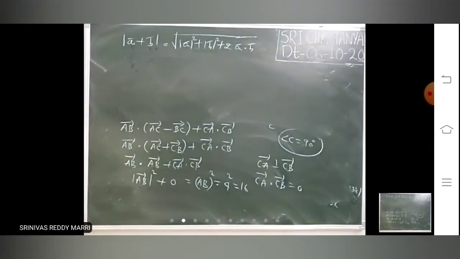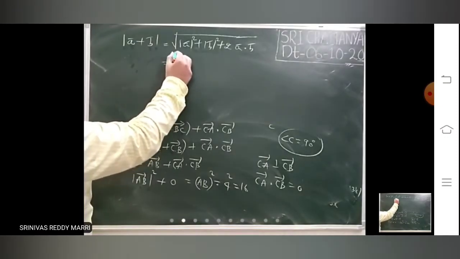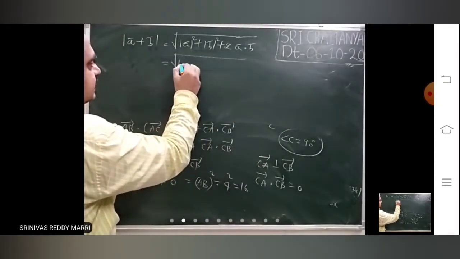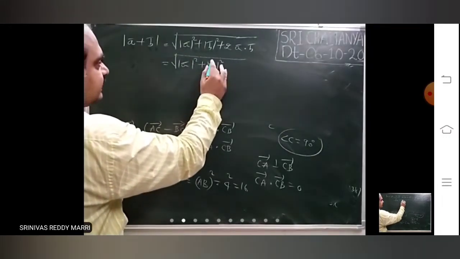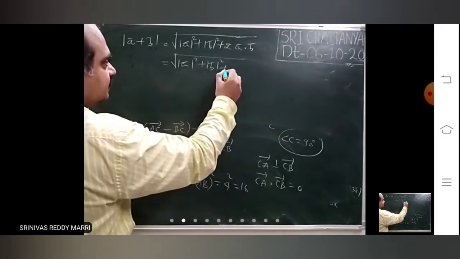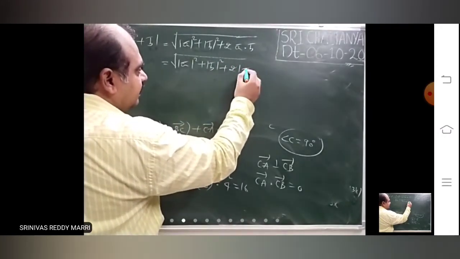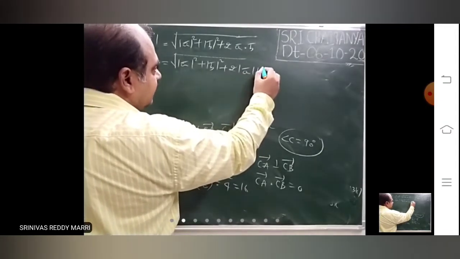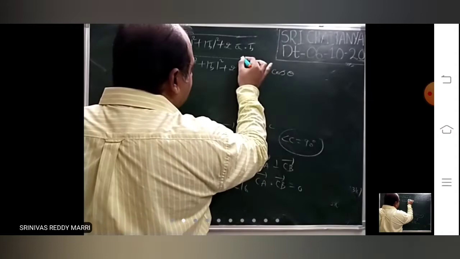This is the formula. You can write that formula or otherwise this also. In physics you have magnitude of resultant formula: modulus a bar into modulus b bar into cos theta.